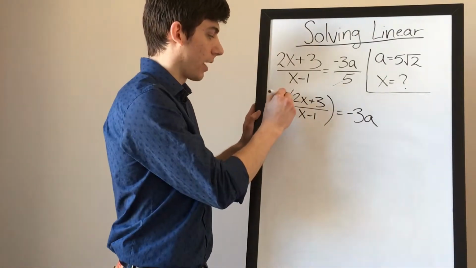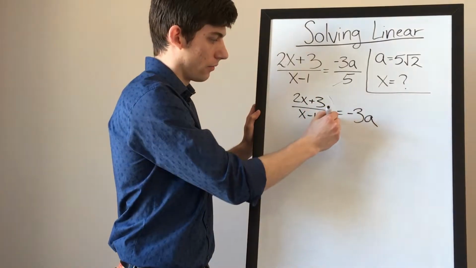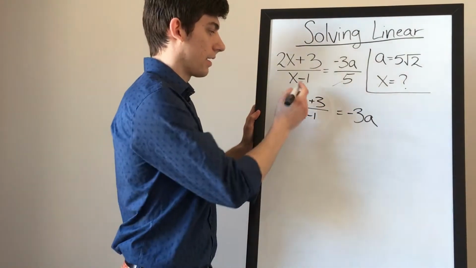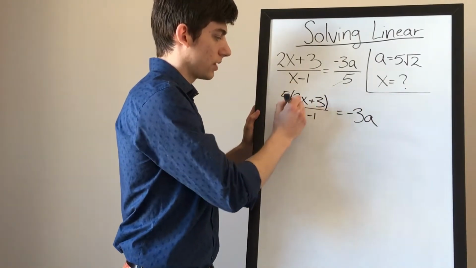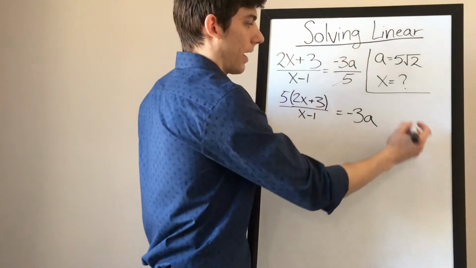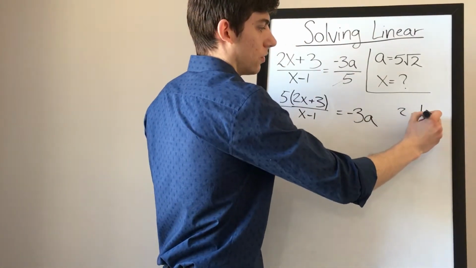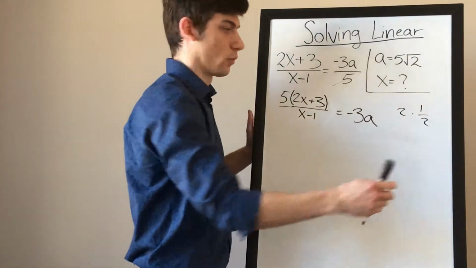So we can rewrite it as 5 times just what's in the numerator. Just like if you had 2 times 1/2, you'd be multiplying that into the top. You get 2/2, which is just 1.